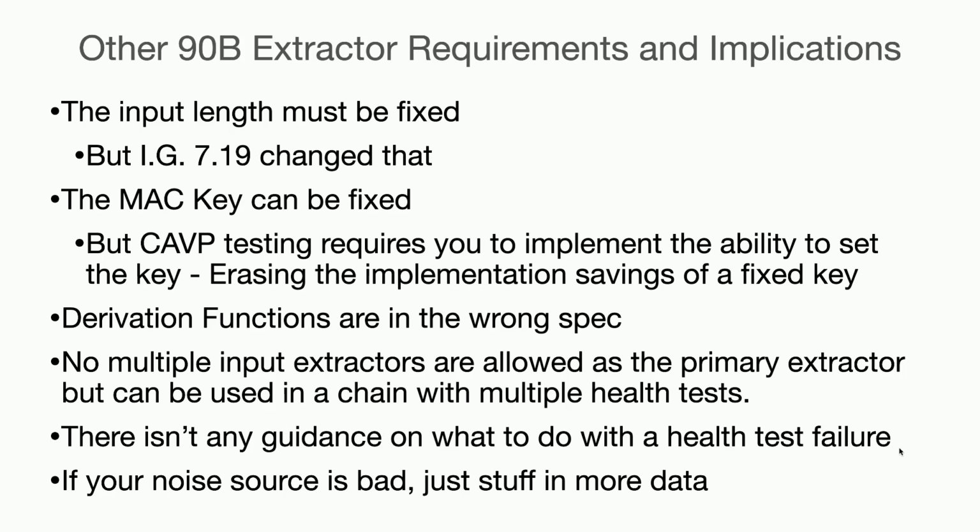There isn't any guidance on what to do with a health failure. We saw in the initial diagram, they said you've got this health test, it outputs an error message, but what do you do? The actual tests they specify in 90B, and we'll look a bit later at online health tests, have a very high false positive rate compared to normal testing, as in given good data, they will output a failure quite often.